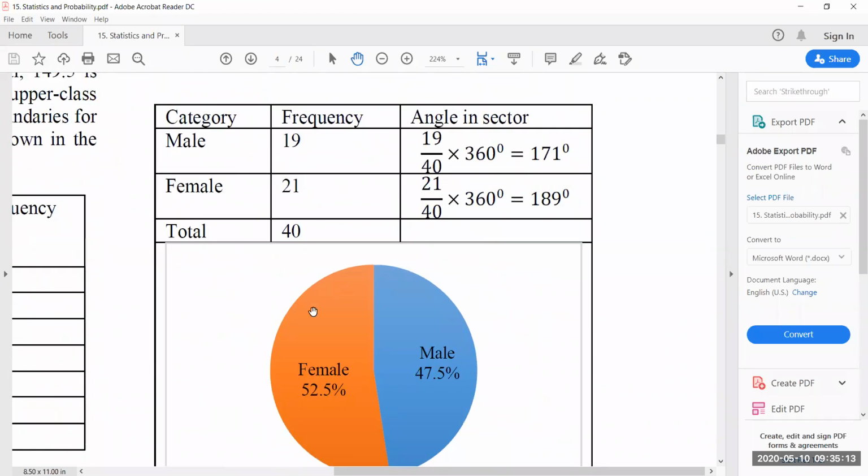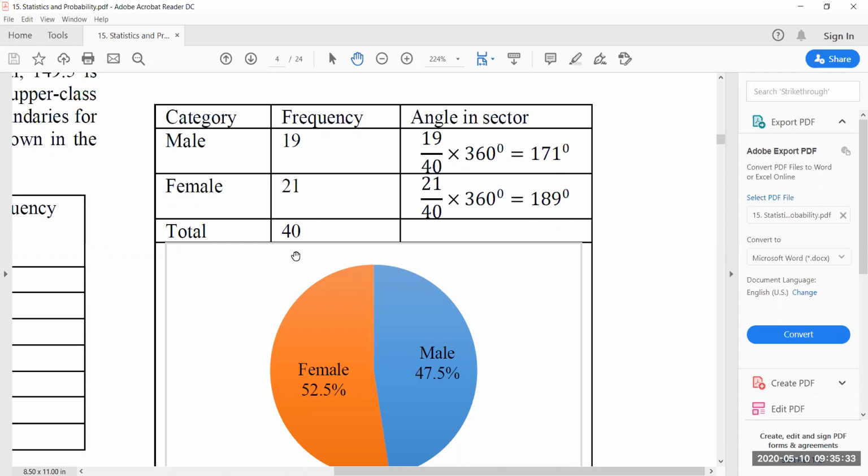Now remember, it's a circle we are dealing with, and of course, we know the angles in a circle are 360 degrees. So let's say you are doing a pie chart for the number of males and females. We know it was 19 males out of the 40 and 21 females out of the 40.